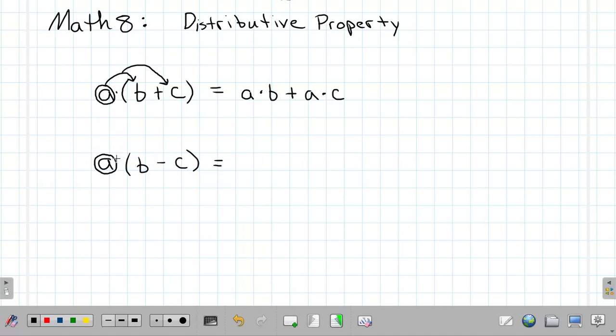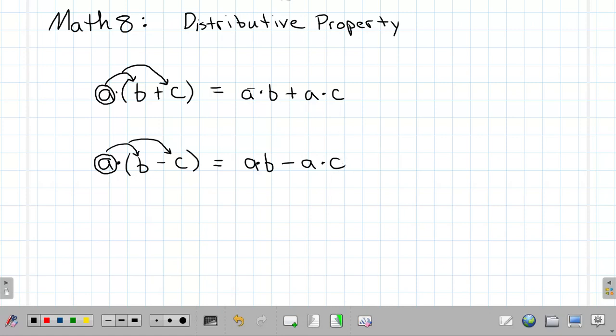We take the A, which is on the outside of the parentheses, and we distribute it to the B and the C, okay? So once again, we're going to have A times B minus, in this case, since there's minus in here, A times C. And that's really all there is to the distributive property, okay?